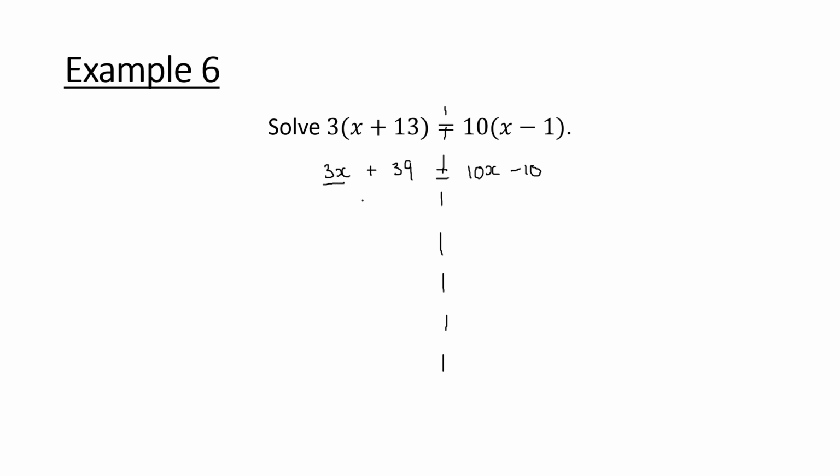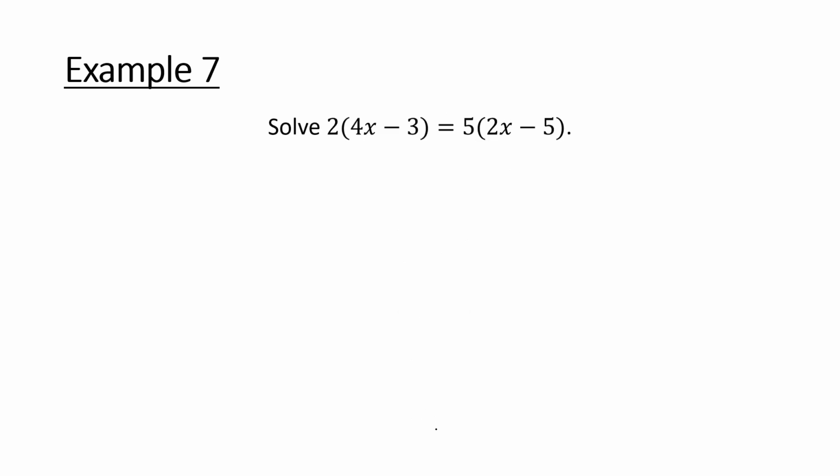It's the 3x, so we're going to subtract 3x from both sides, so you're left with 39 on this side, and 10x take away 3x is 7x minus 10. Then solve accordingly, so you've got minus 10, so you're going to add 10 to both sides, so you're left with 49 is equal to 7x. 7x is times, so we're going to divide by 7 on both sides. 49 divided by 7 is equal to x. So your x is going to have a value of 7.